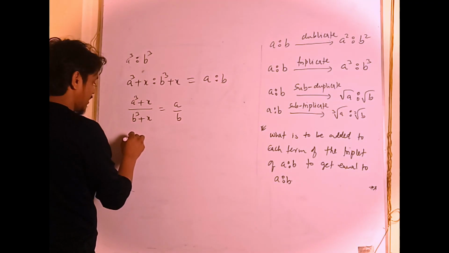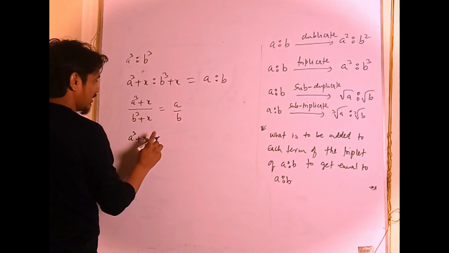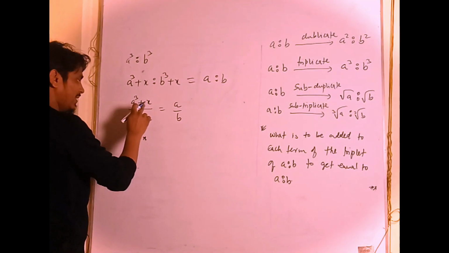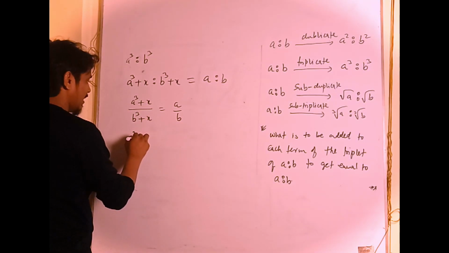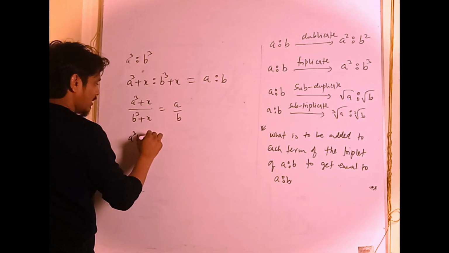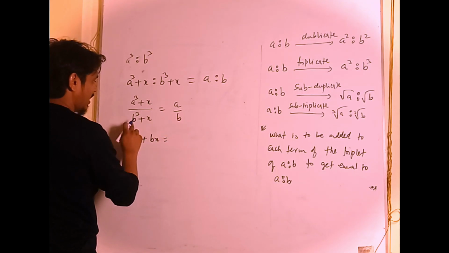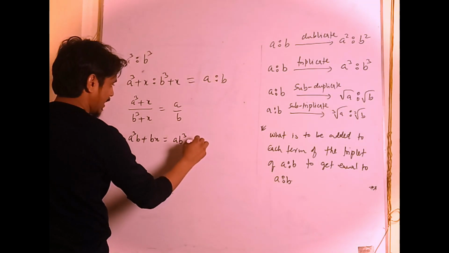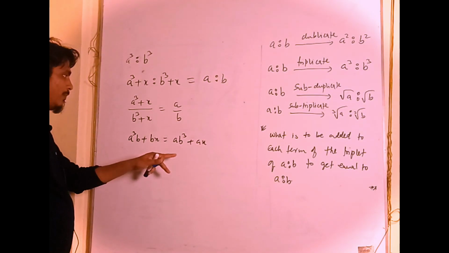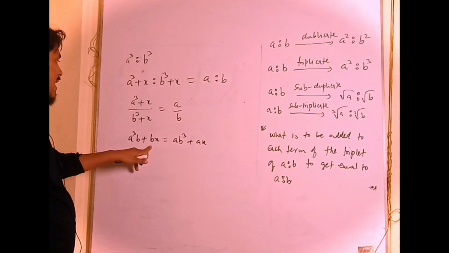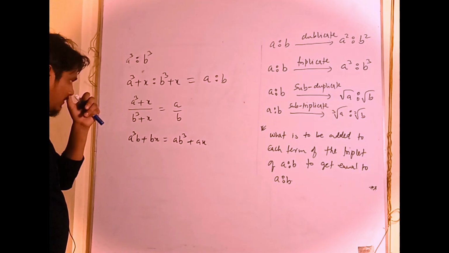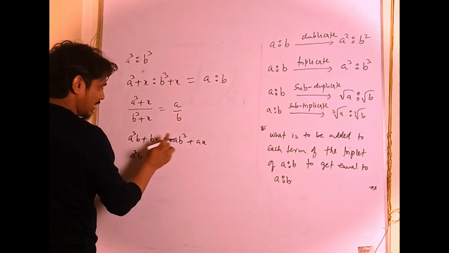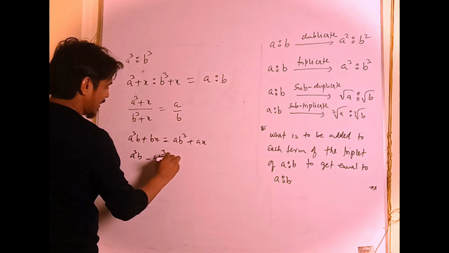Then you will get (A cube plus x) multiplied by B, means this B is going to multiply by this as well as this. So we'll get A cube B plus Bx, and on the right A is going to multiply by both of this, means we'll get AB cube plus Ax. So try to bring the variable x to one side of the equal to symbol. Let me shift this AB cube to the left and this Bx to the right.